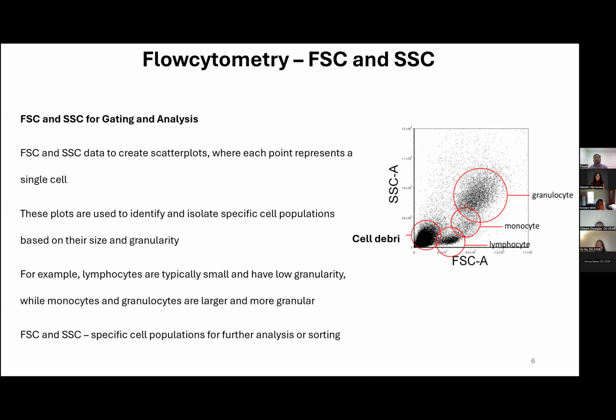This is a simple example. If you do flow cytometry using any instrument anywhere, this pattern should be reproducible. This is more or less a standard pattern for flow cytometry sorting of WBCs.